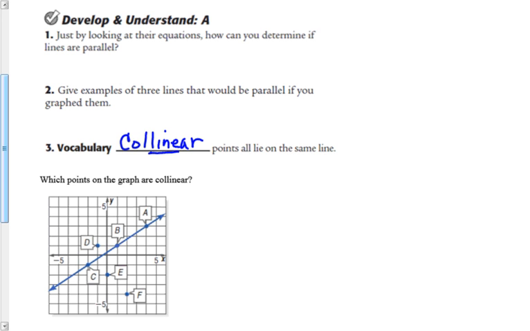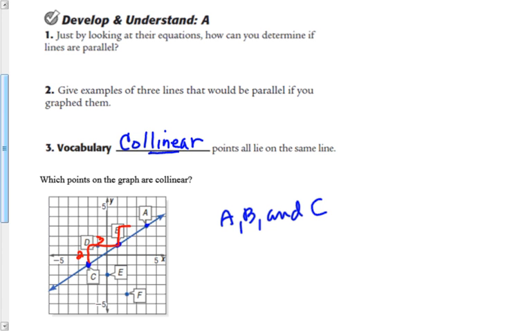So which points on the graph are collinear? You can think about that. But you might notice that A, B, and C all line up. So they are considered collinear. Now think about this also. One way you can tell if they're collinear, let's say we didn't have a graph. Notice that the rise over the run there is 2 and 3.